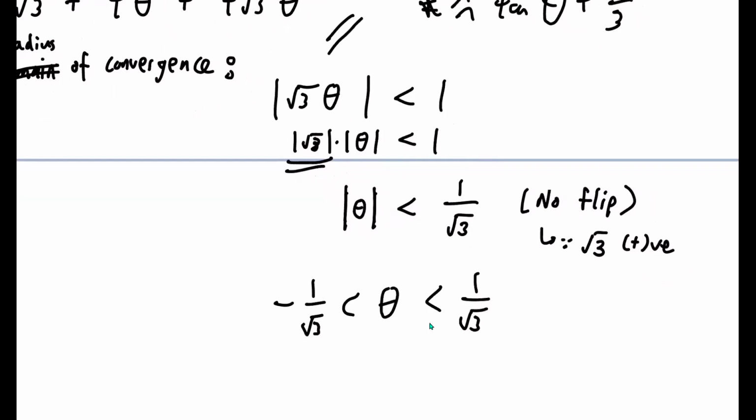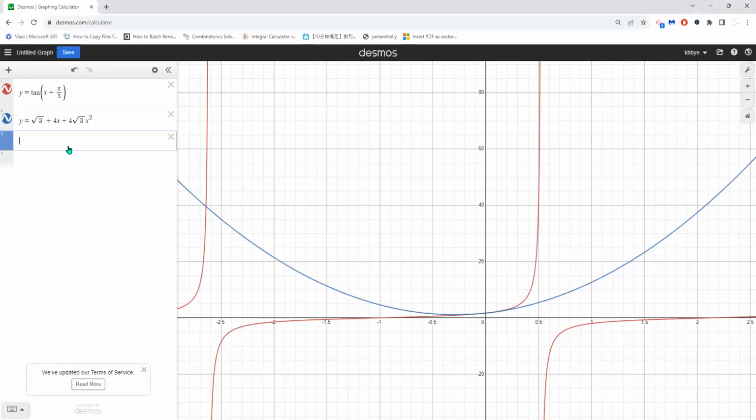What does this mean? It means that if I go back to my decimal screen again, I have to use x because of the way that decimals works. I cannot use theta.